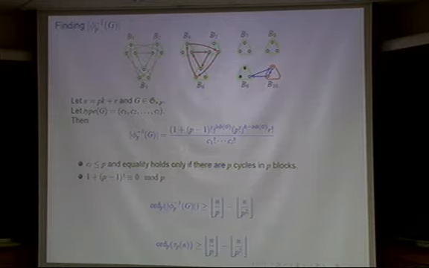Here, what is the maximum number of p factorials? That is this, because each p factorial needs p squared vertices. So there are at most this number of p factorials here.